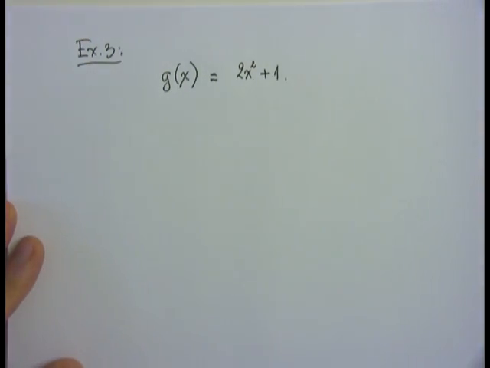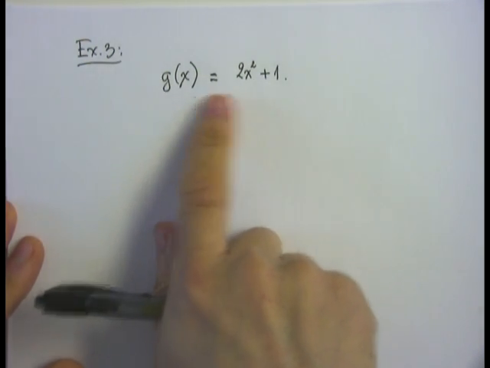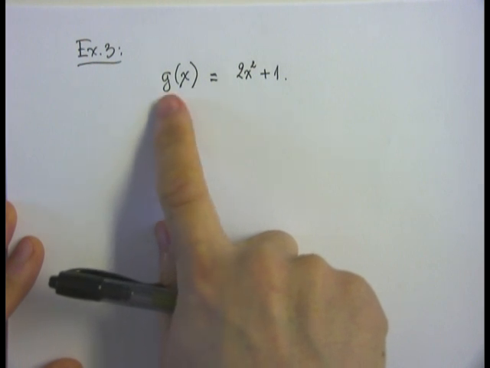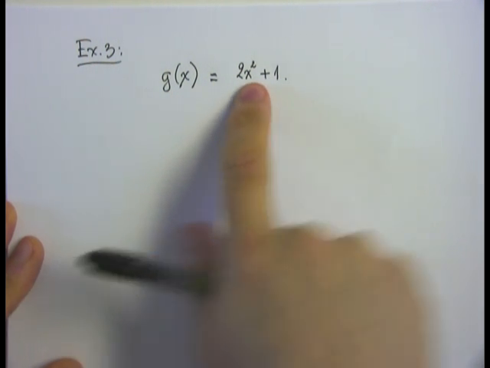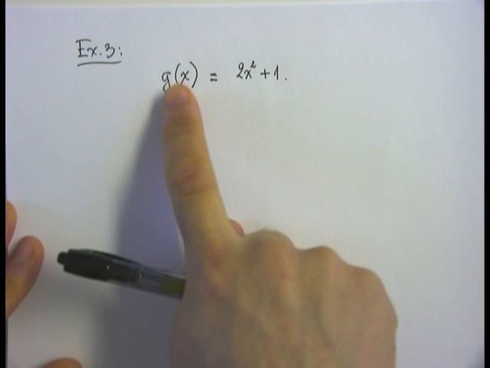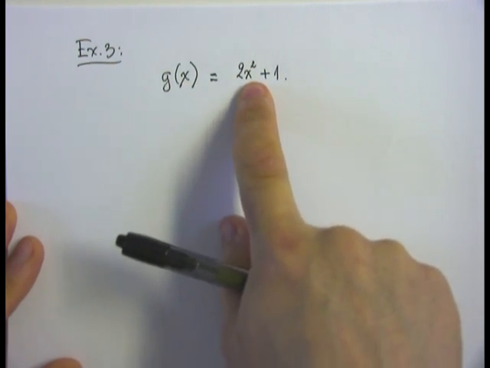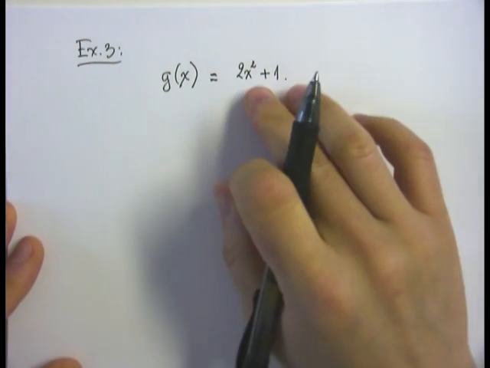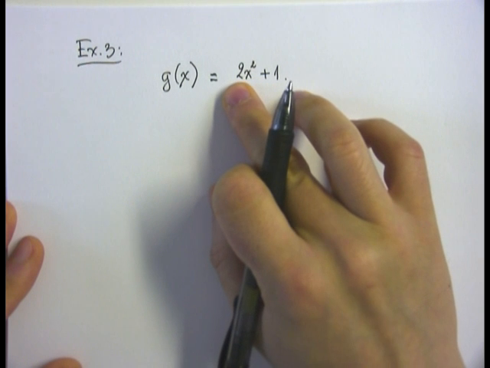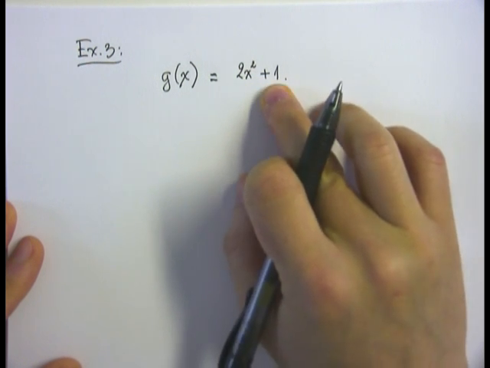Now this time, what the function does to its input is that it's going to square the input first, because once again the x here is the input indicator. It tells me that in my function only the x, the input variable, can be changed. So it squares the input, multiplies by 2, and adds 1.